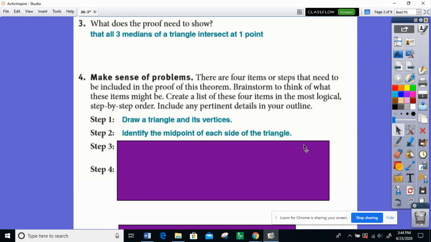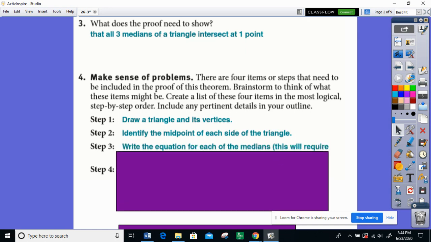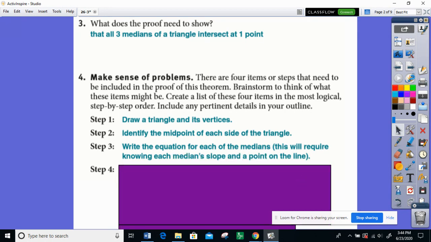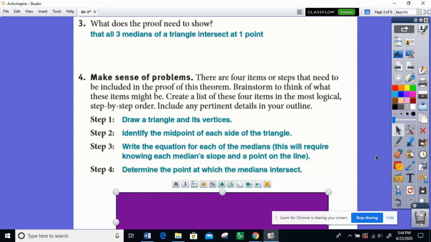After that, we're going to identify the midpoint of each side of the triangle, since the median of a triangle connects a vertex to the midpoint of the opposite side. Then we're going to write the equation for each of the medians, and we'll do this with point slope form. We'll know each median slope and a point that's on the median. Lastly, we'll determine the point at which the medians intersect.